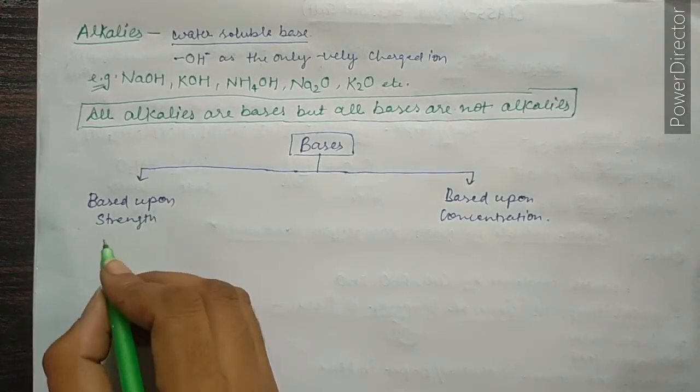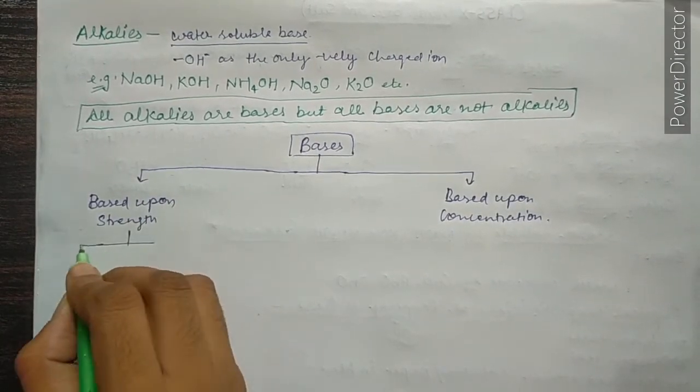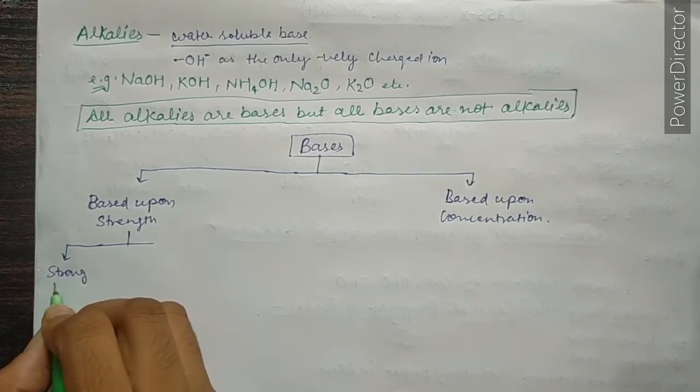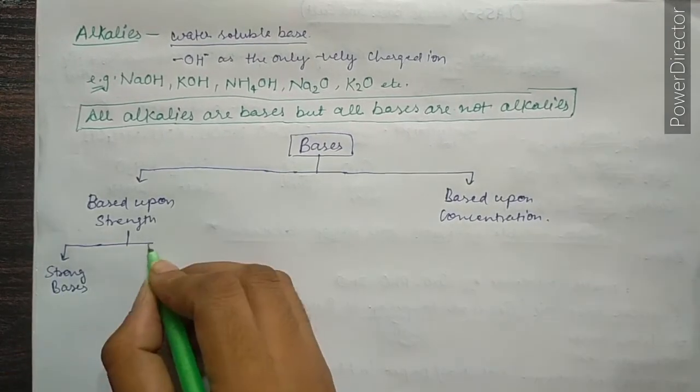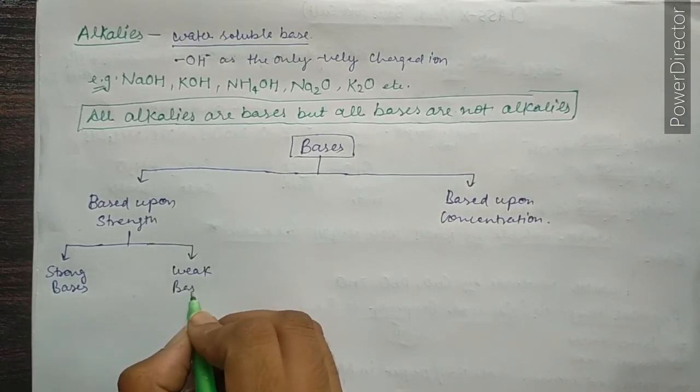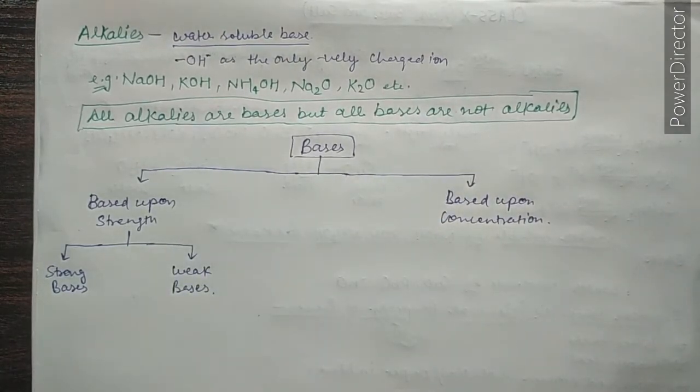Here again, based upon strength, bases are classified into two categories. First one, strong bases. Second one, weak bases.